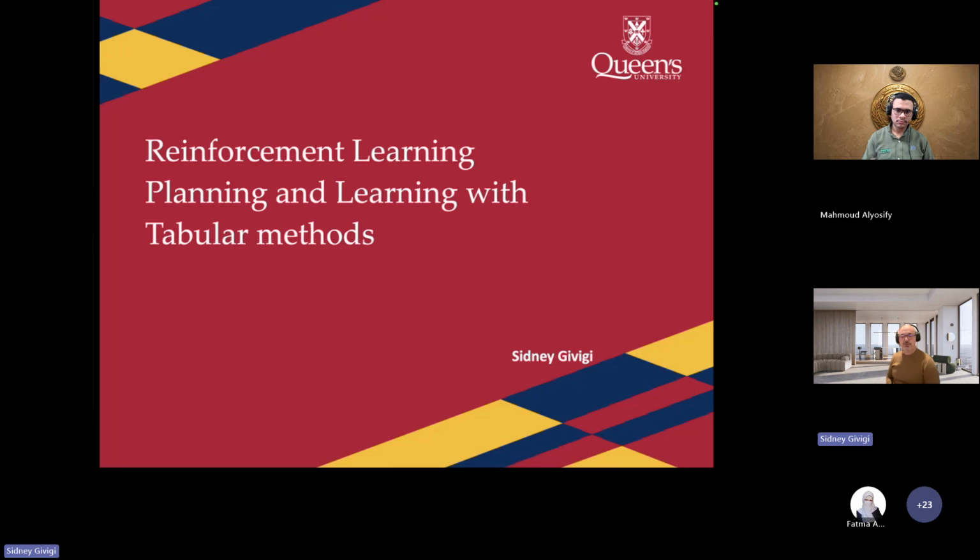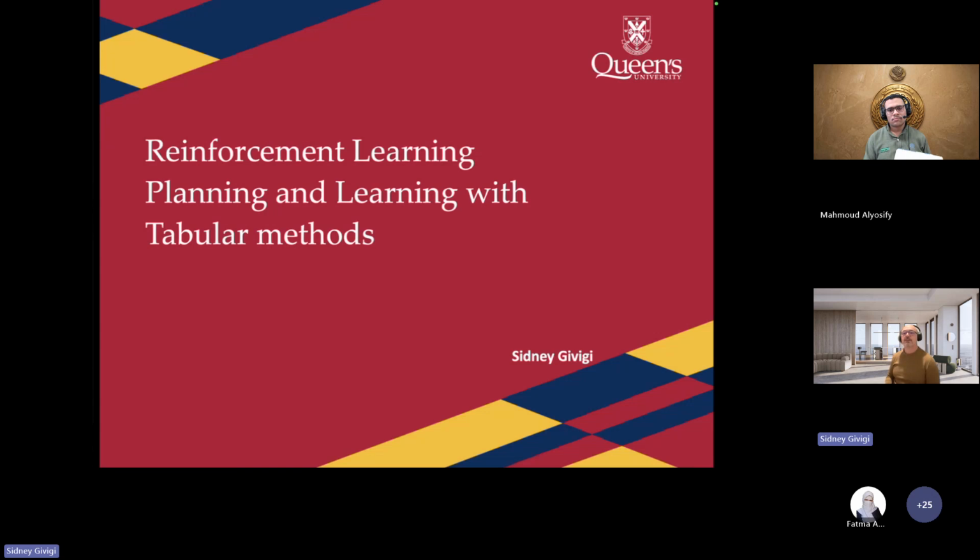What we are going to cover today is something a little bit different from what we have covered so far, which is this idea of planning in reinforcement learning. So far, what we have been seeing is that we can generate experience by interacting with an environment. However, there are other ways for us to generate experience as well.